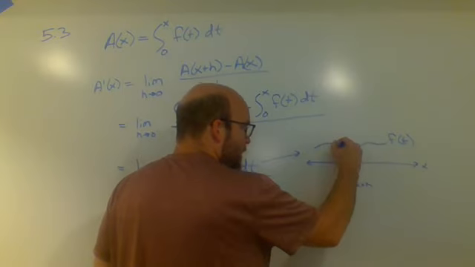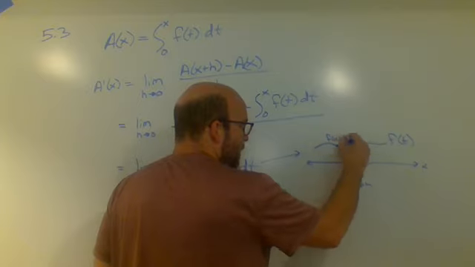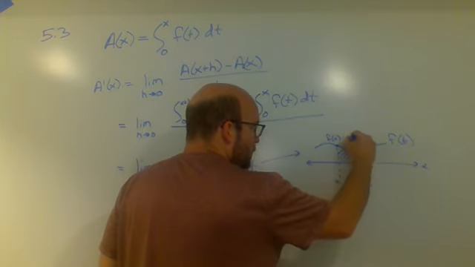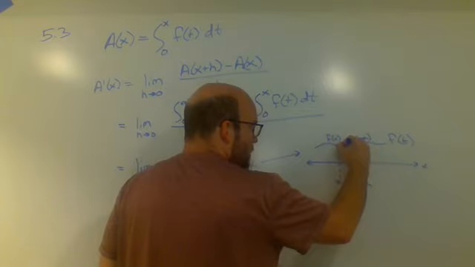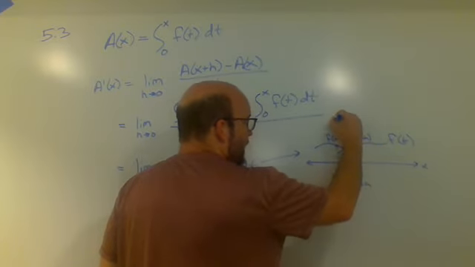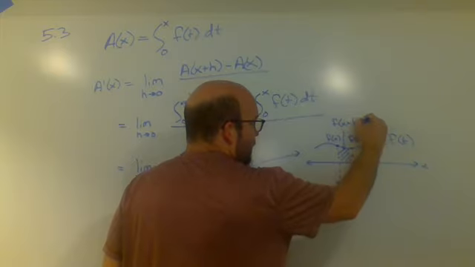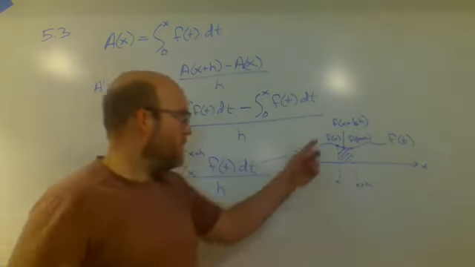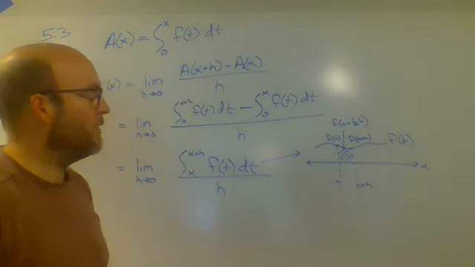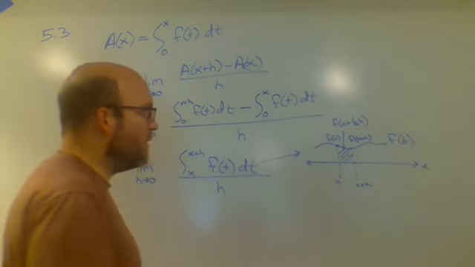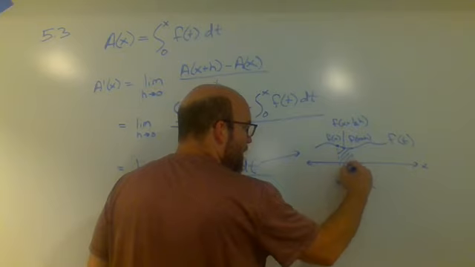You can either get a rectangle by using the left endpoint, which would be f of x, or the right endpoint, which would be f of x plus h. Or if you wanted to, you can use the midpoint Riemann sum idea and say that we're looking at f of x plus half of h. The distance between these two is h, so the midpoint should be half that distance plus the x. It doesn't actually matter which one of these you use as long as h is small enough.